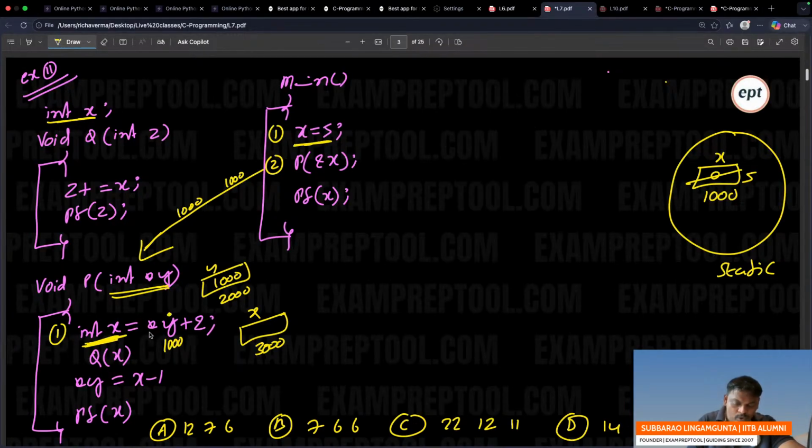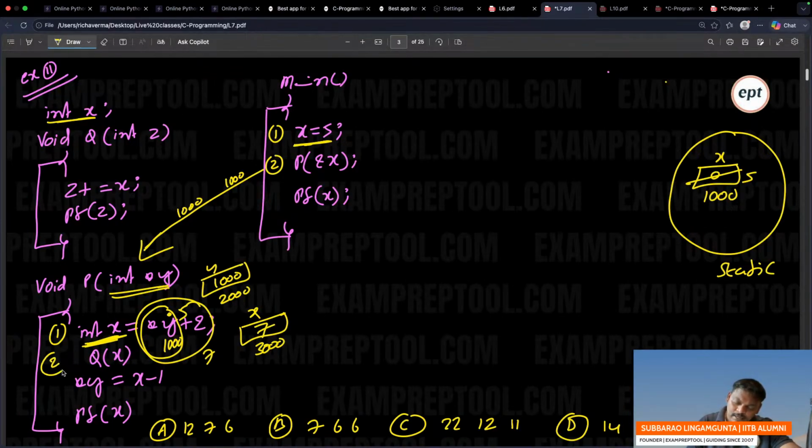Star is saying y is mine, plus is saying y is mine. Whoever has more power will take it. Everyone knows star has the highest priority, the dereference operator in the second row, plus maybe in the fourth row. Please verify. So y is 1000, star 1000, the value inside 1000 is 5. 5 plus 2 is 7. 7 will go to x. This is 7 now. First line over.